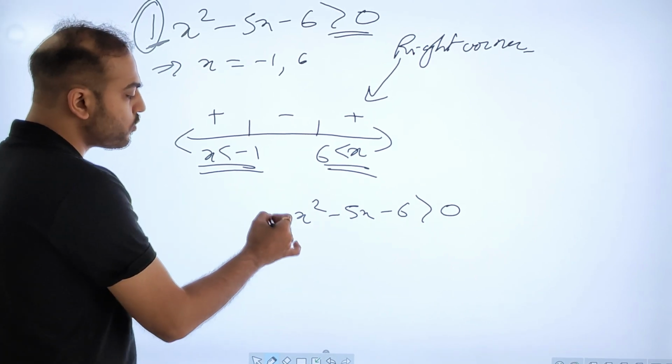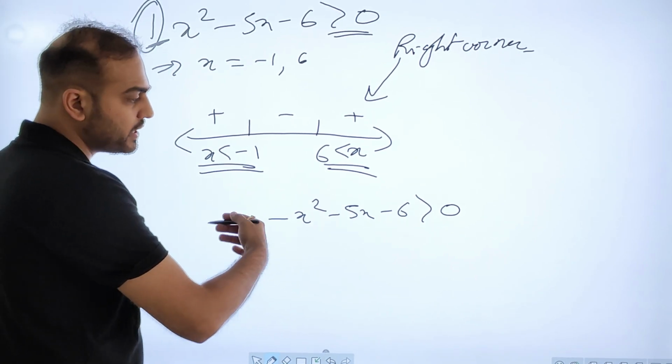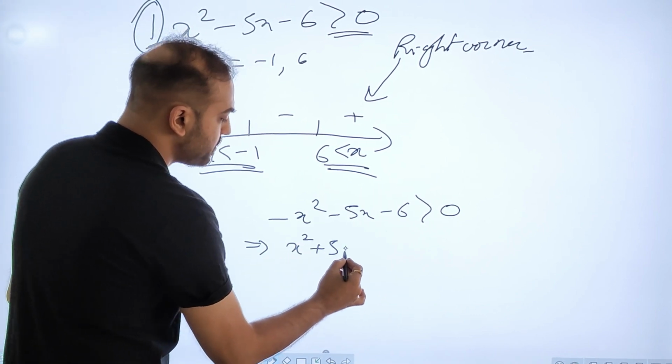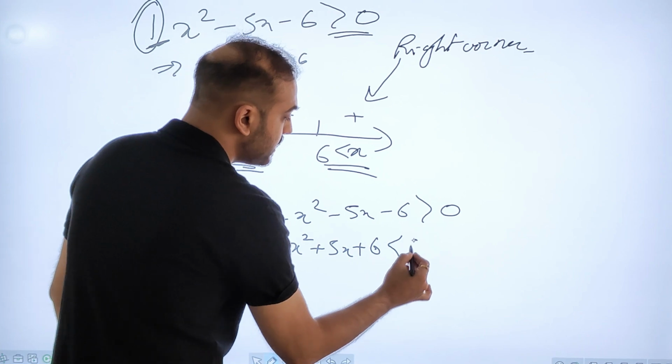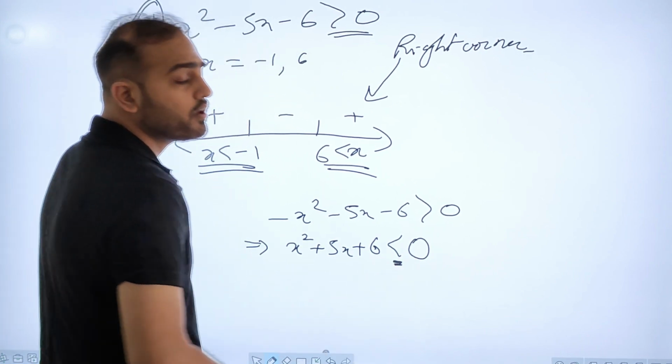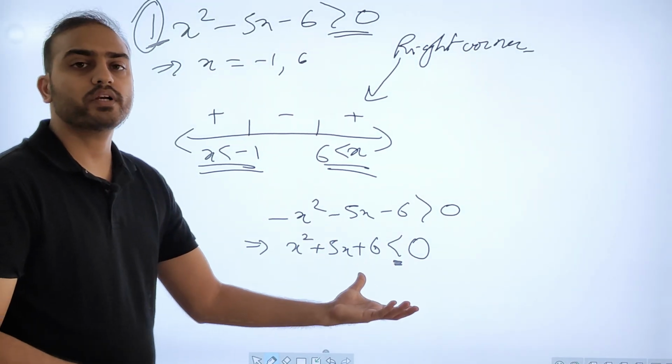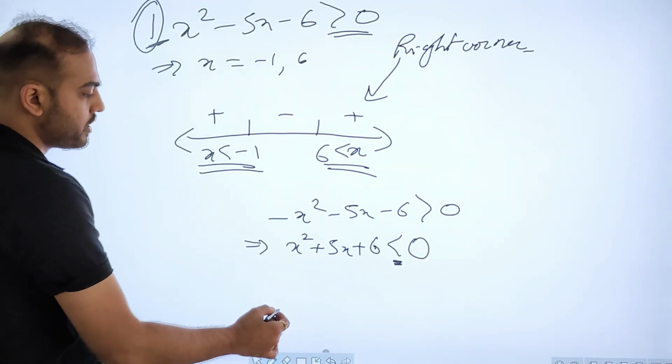First thing I do, I don't want this negative sign. So I multiply everything by -1. I get x square plus 5x plus 6 less than 0. Remember, whenever I multiply or divide by a negative sign, the inequality sign changes.